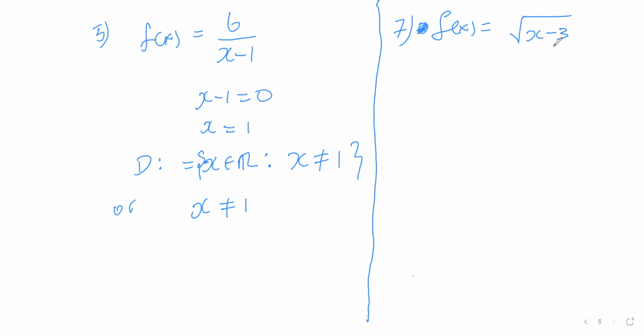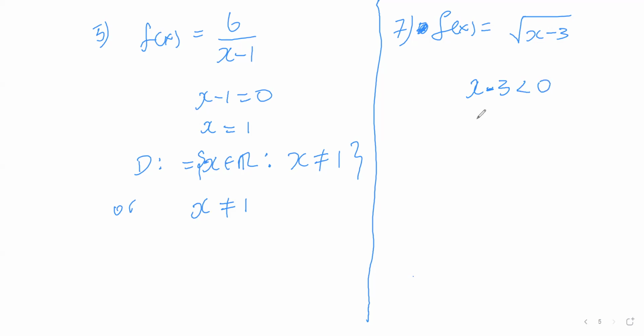So this function will not make sense when we have a negative quantity in the square root sign. Remember that we can't find the square root of negative numbers in the real number space, all right? So this function will be undefined when x minus 3 is less than 0.